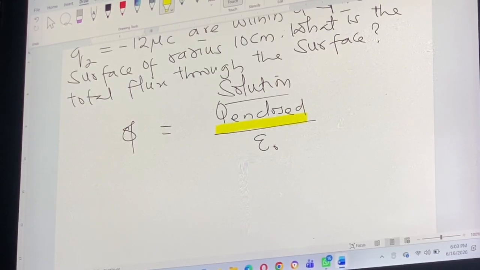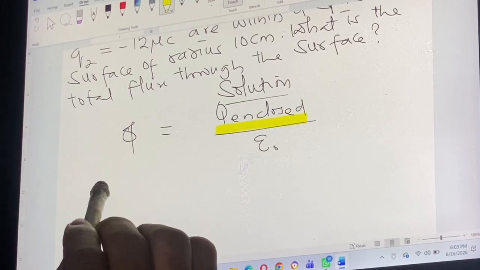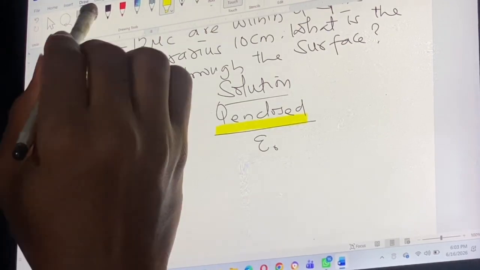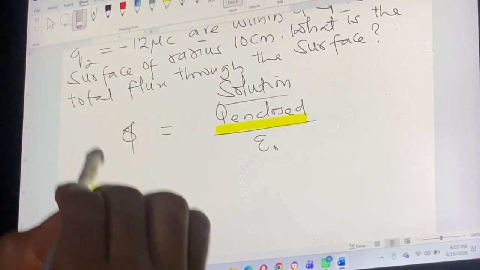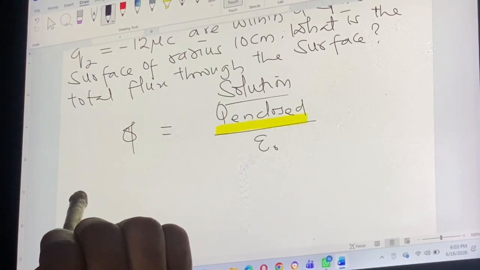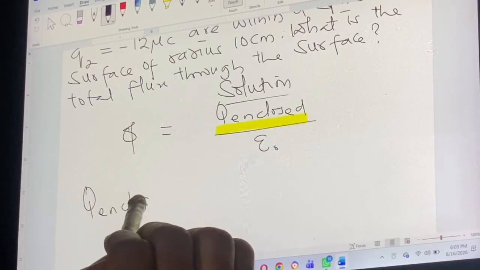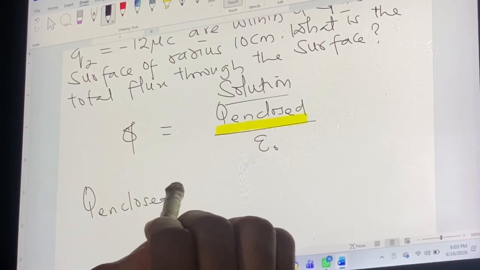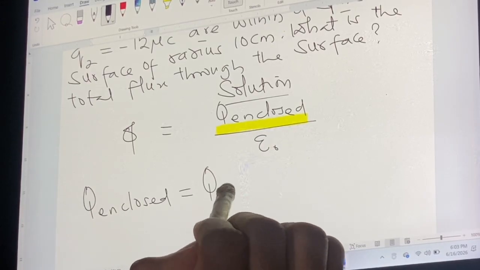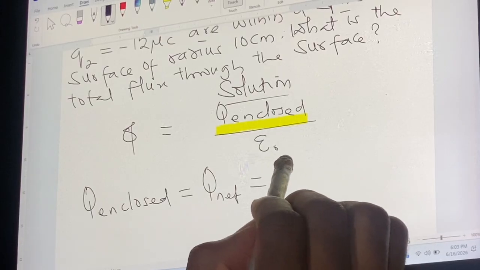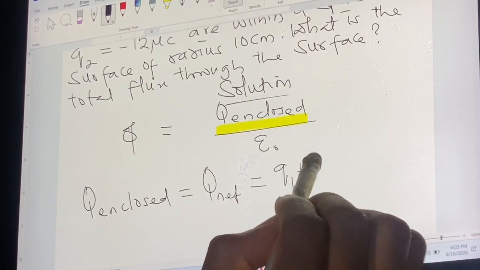Okay. Now we are given two charges here. That is our Q enclosed here. So our Q enclosed will be Q net, that is the total here, which is equal to Q1 plus Q2.